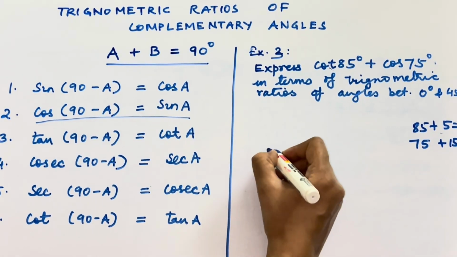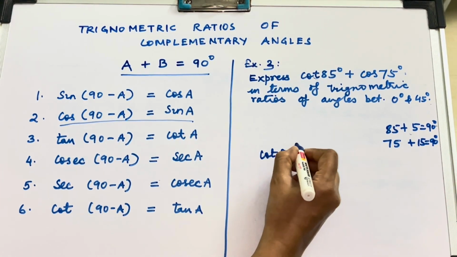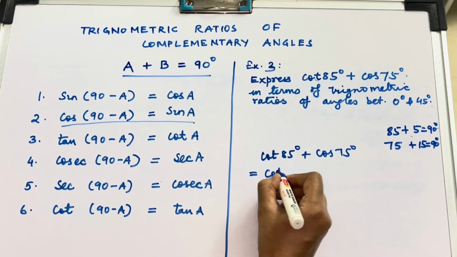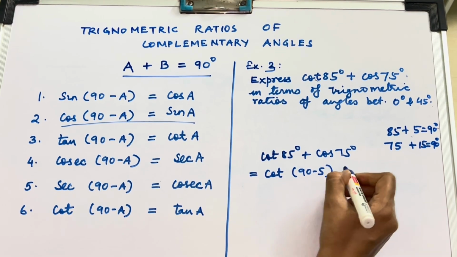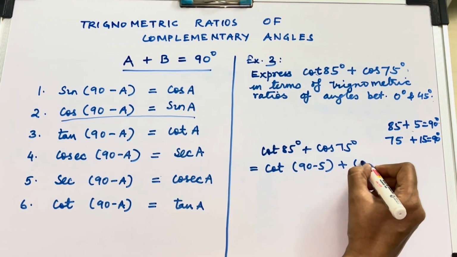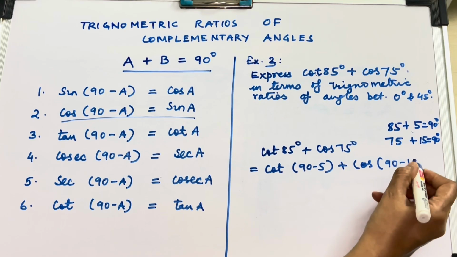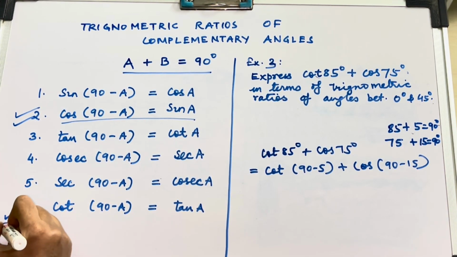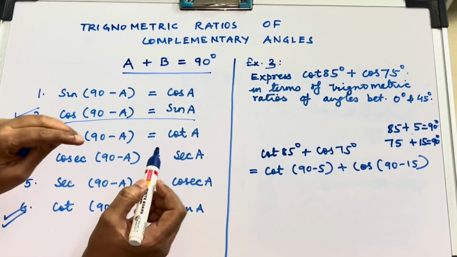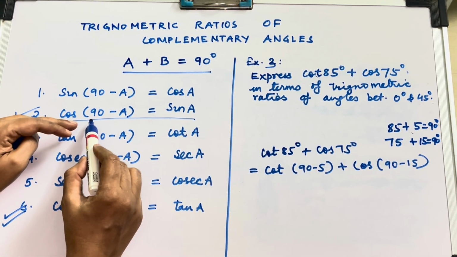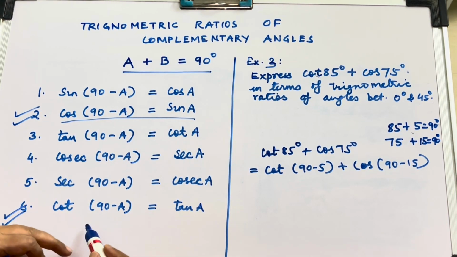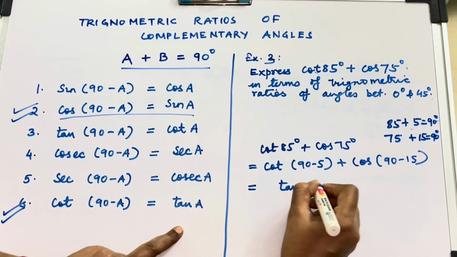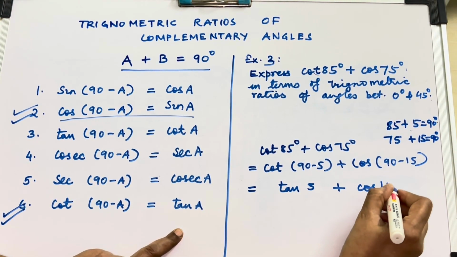So, I can write my question as cot 85 degrees plus cos 75 degrees. 85 degrees can be written as 90 minus 5 and cos 75 can be written as cos 90 minus 15. Now, using the second and the sixth complementary ratios, cos 90 minus A is sin A and cot 90 minus A is tan A. So, this will become tan 5 and this will become sin 15.